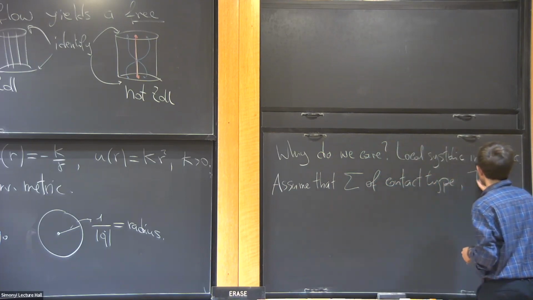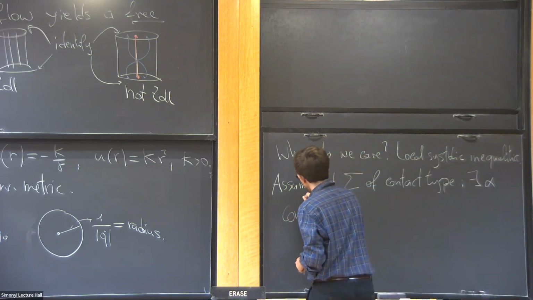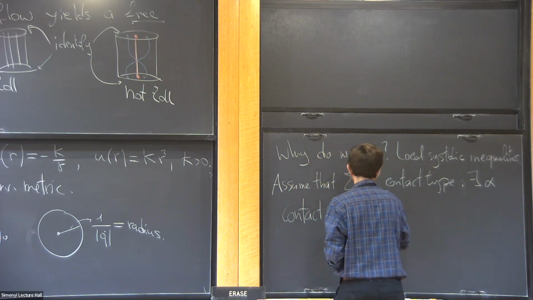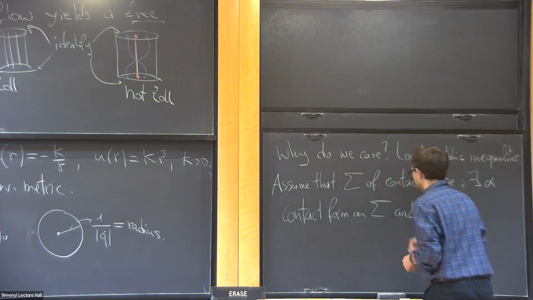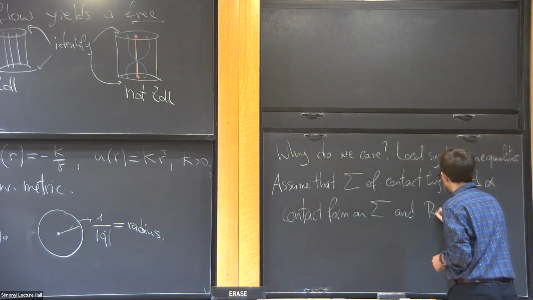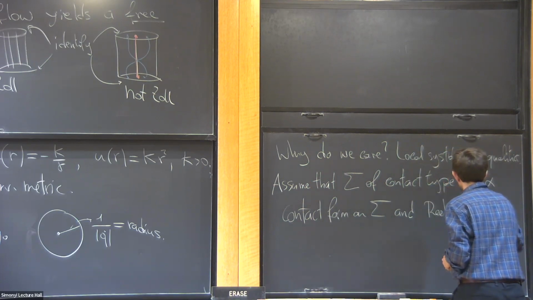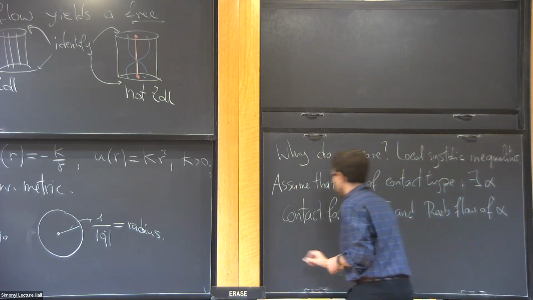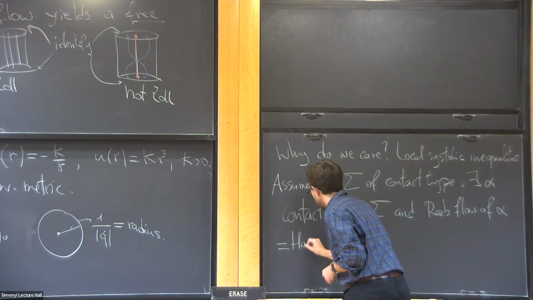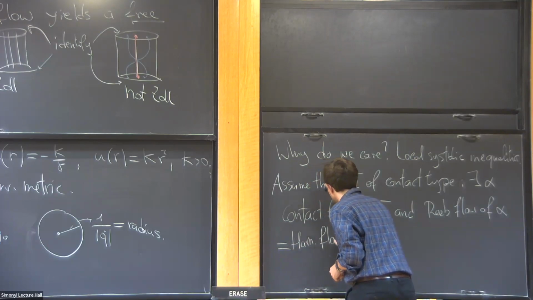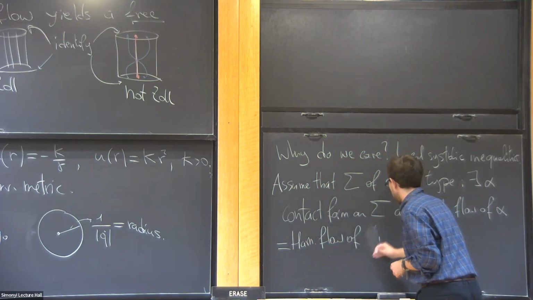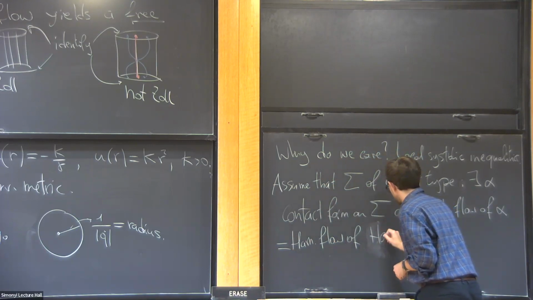This means that there exists some contact form alpha on sigma, and the Reeb flow of alpha is equal to the Hamiltonian flow of the Hamiltonian.